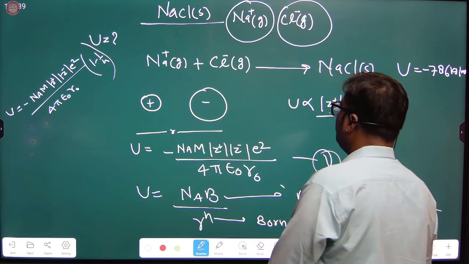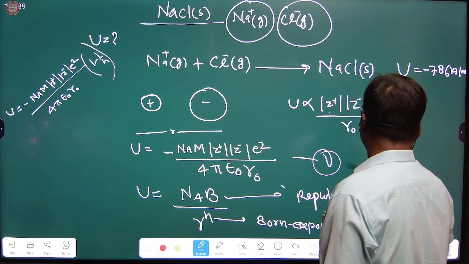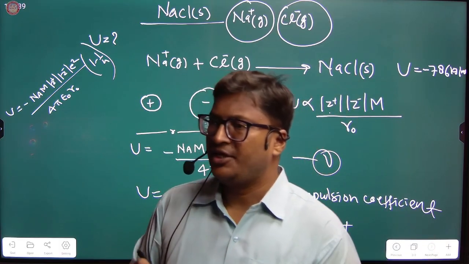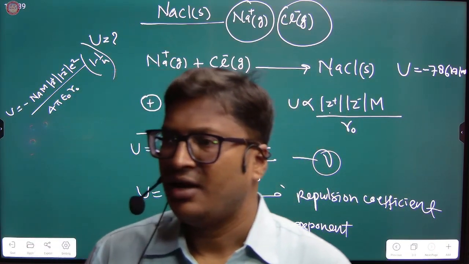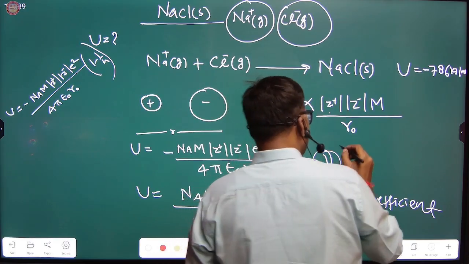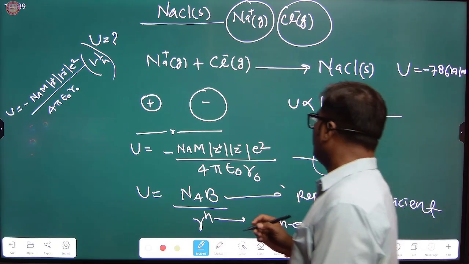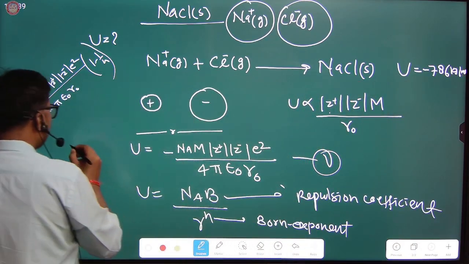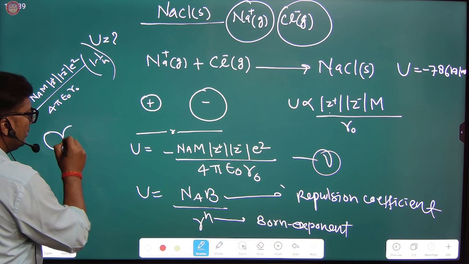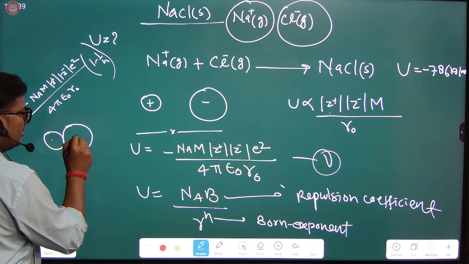And it is inversely proportional to the interionic distance, R0. R0 is nothing but the interionic distance between cation and anion, right? Suppose this is your sodium and this is your chloride ion, then this is the center and this is the center.